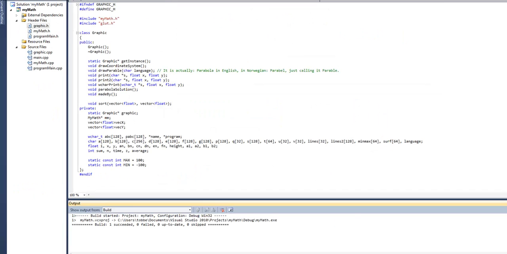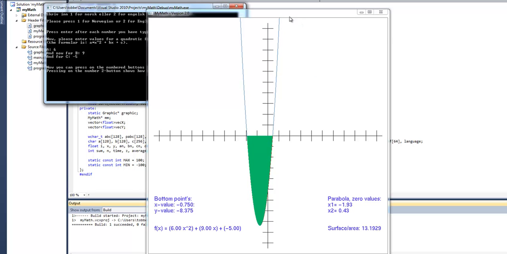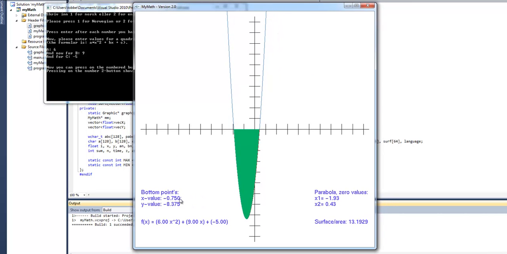In the next video, actually, with minus 9, 6, 9, minus 5, and there we go, we still got the same values, good. So we are going to calculate this surface, and that's the green part here. We are going to calculate all of that, and that will be quite interesting, I suppose.